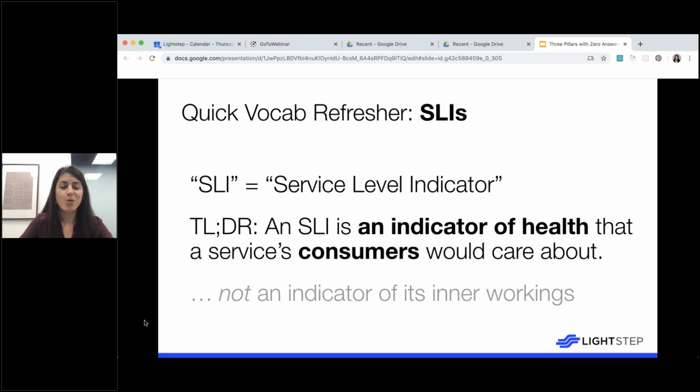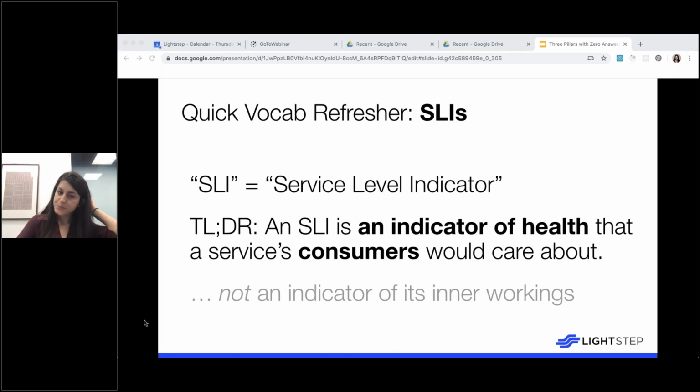And here's a quick vocabulary refresher before we dive into the scorecard. Many of you may be familiar with what an SLI is, but if you're not, it's a service level indicator. It's referenced in the Google SRE book where they talk about SLOs, SLIs, etc. But an SLI is an indicator of health that a service's consumers would care about. It's not an indicator of the service's inner workings, and that's an important distinction to make.